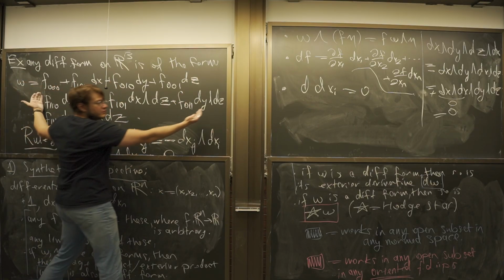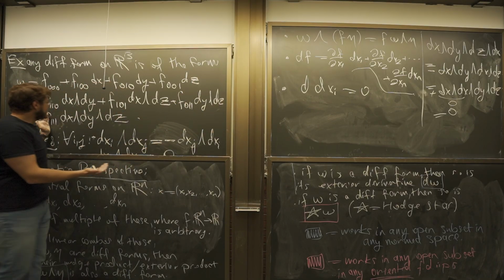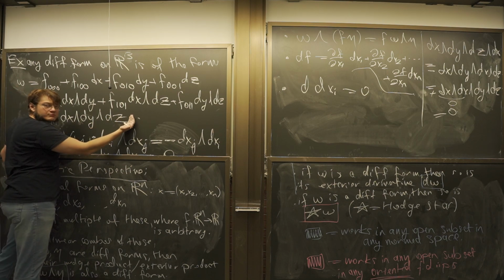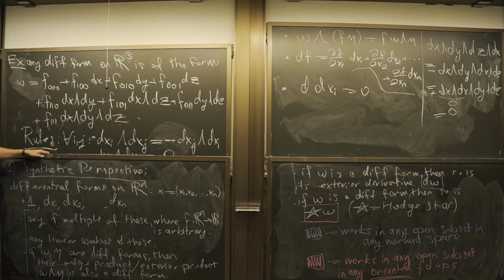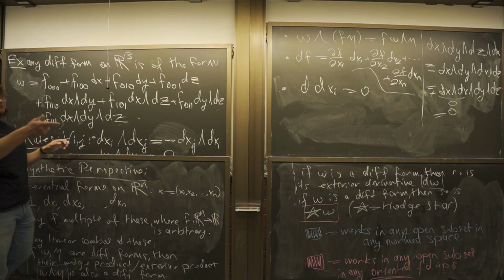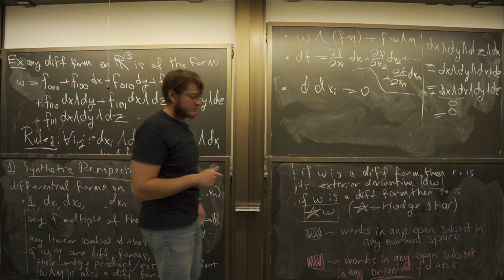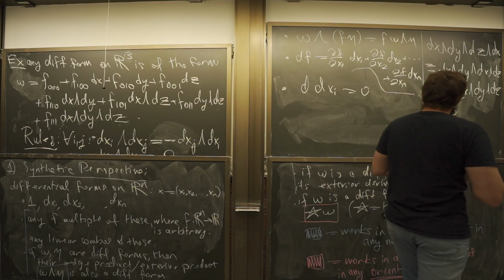Anything of this form would be a 2 form. And anything of this form would be a 3 form. So when you see expressions, differential forms, you look at how many dxi's are you wedging together. The number of that is going to give you the degree of the differential form. Differential 1 form, 2 form, 3 form.